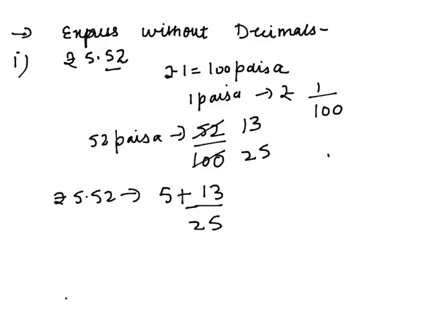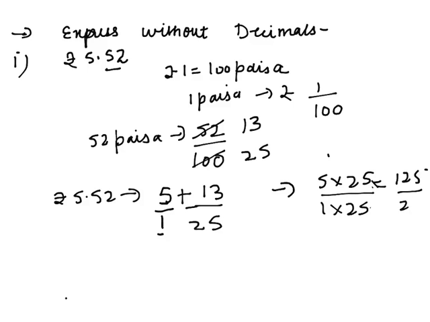So LCM will come as 25, or we can say here in the 5 we have denominator as 1. To make it 25 from 1 we can multiply numerator and denominator by 25. So 5 times 25 will give us 125, and 25 times 1 will be 25.